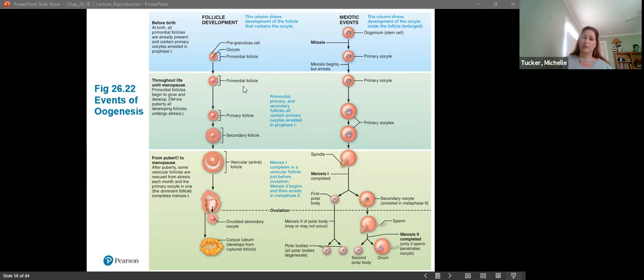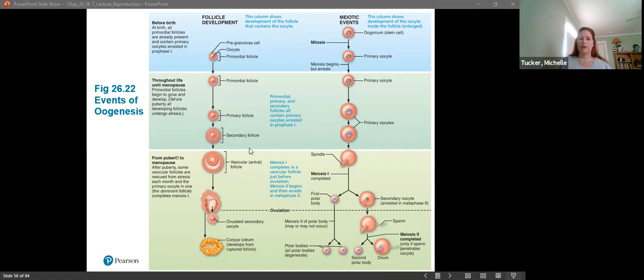We're born with primordial follicles. This is where follicles stay pre-puberty. Then during puberty, we start recruiting them in groups of about 20 to become primary follicles, secondary follicles. A dominant follicle will emerge to become the mature Graafian follicle. Ovulation is stimulated, the oocyte is released, and the follicular cells then develop into the corpus luteum.